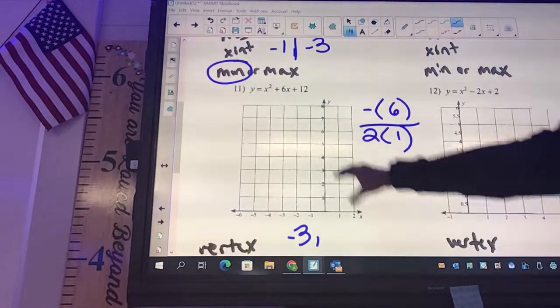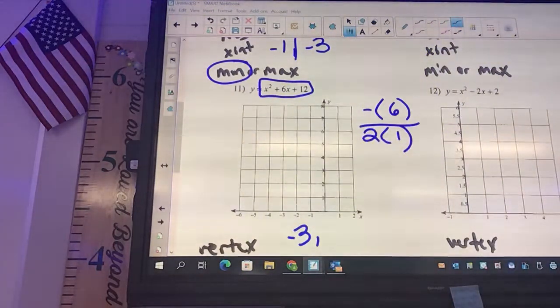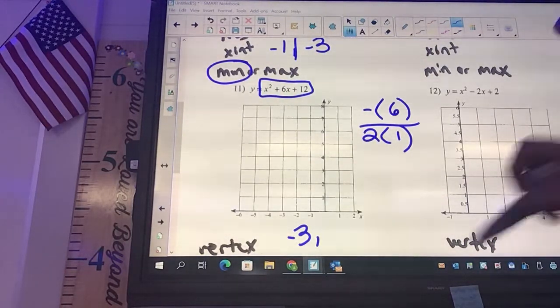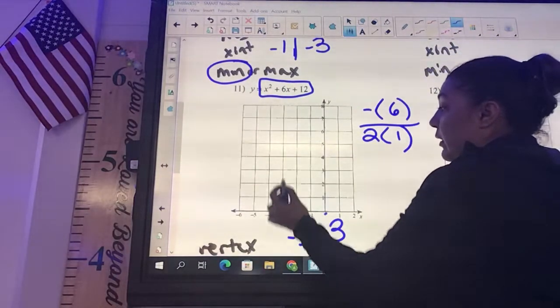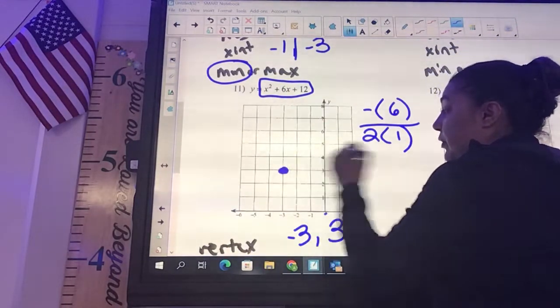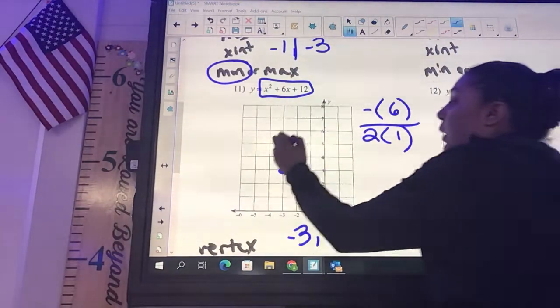Okay, so everywhere up here in this equation, you're going to type in a negative 3. Okay, you should get 3 for your answer. So you're going to go negative 3, 3, and put your first dot. Okay, and then you're going to go up 1 over 1.